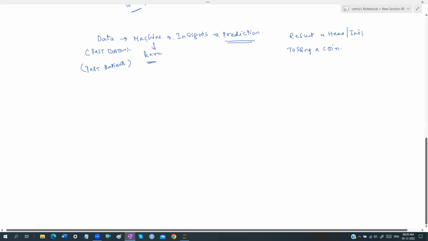Because the result of tossing the coin, a head or a tail, never depends on any factors. No factor will decide it. It does not depend on the age of the person, the gender of the person, or the height or weight of the person, or the current climatic temperature.